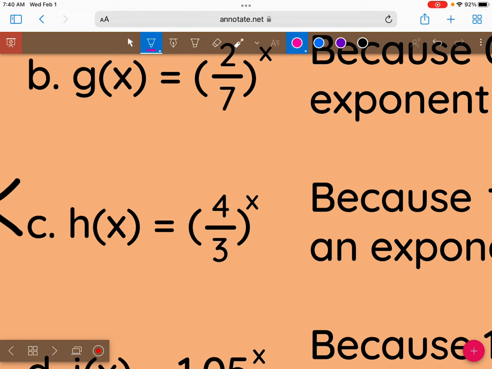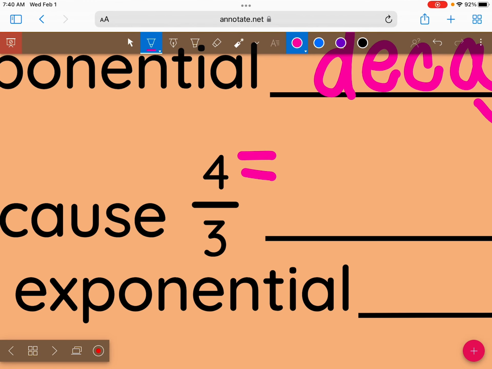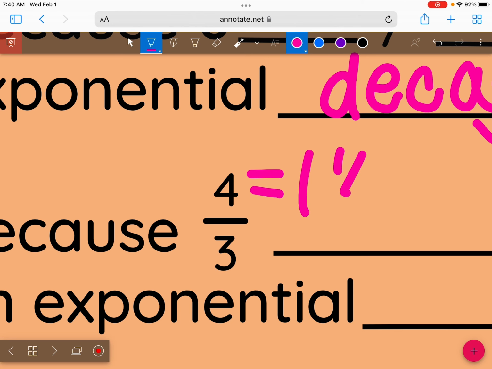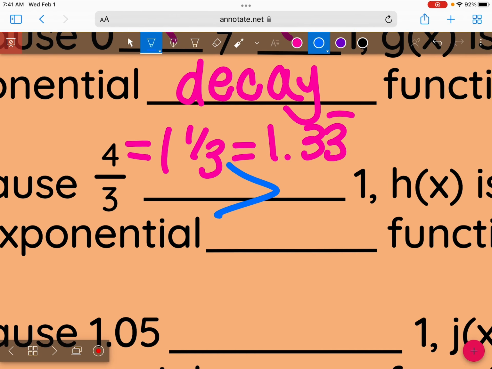Yeah, it's greater than 1. 4/3 is the same as 1 and 1/3, or you can say this is 1.33 repeating. So 4/3 is greater than 1. Is it exponential growth or decay? Growth.